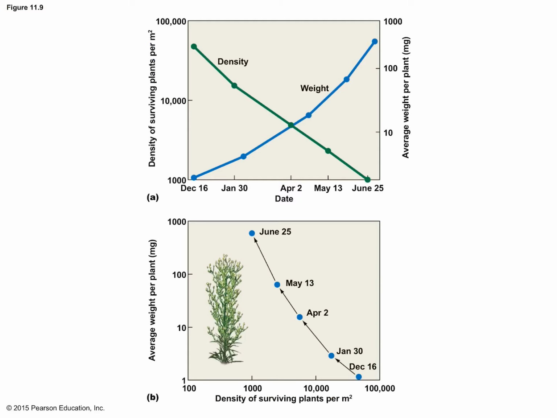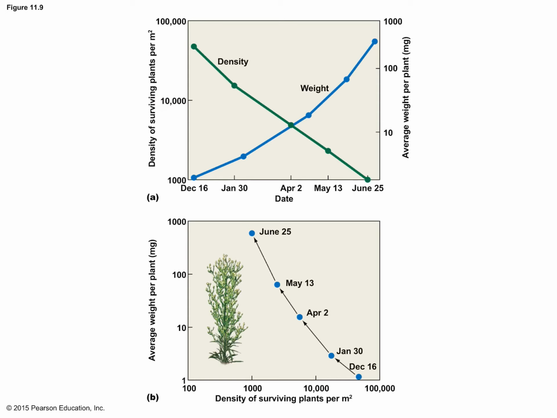So what you see is that over time, going from the beginning of the experiment toward the end, about a 6-month period, we see that weight of individuals definitely goes up, but also density certainly goes down, right? So we have density of surviving plants here on the y-axis. On the secondary y-axis, we have the average weight per plant. So this axis pertains to the blue line. This y-axis pertains to the green line.